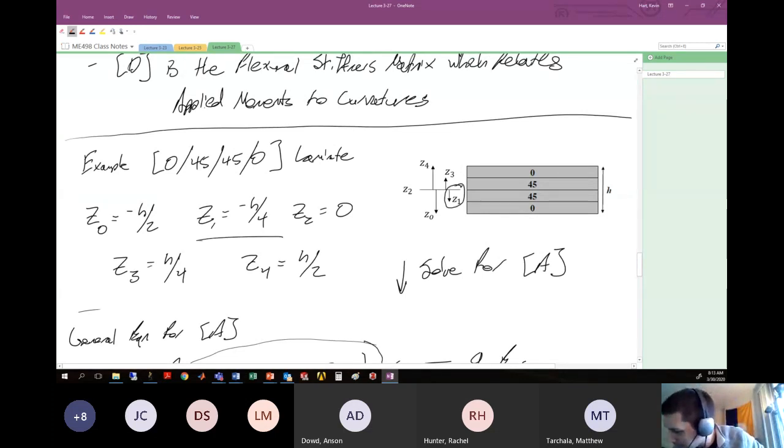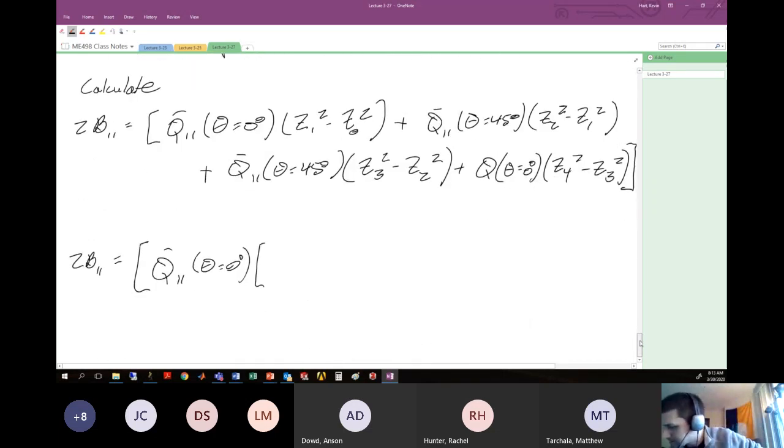So it's this length right here. That squared will be positive h squared on 16. So here we have h squared on 16 minus z0. z0 is at negative h on 2, so this will become h squared on 4. All right, so that is the contribution of the geometry from that location.